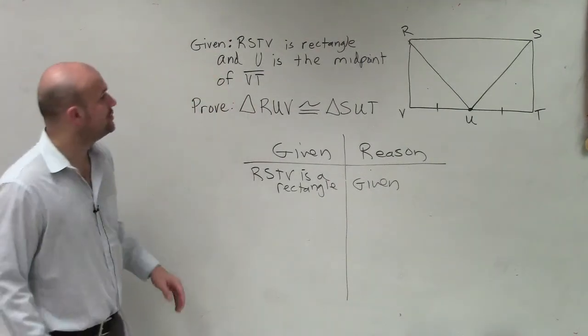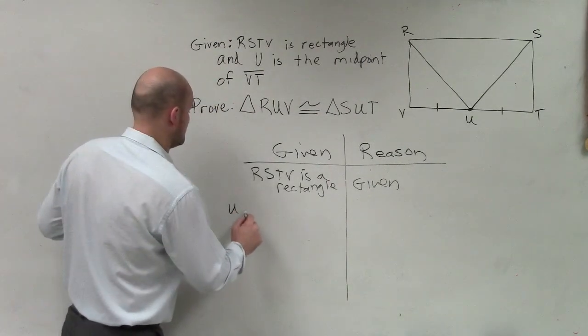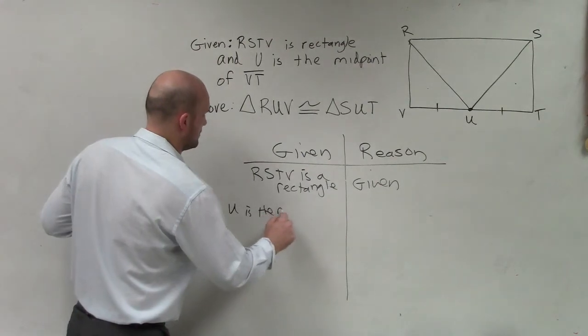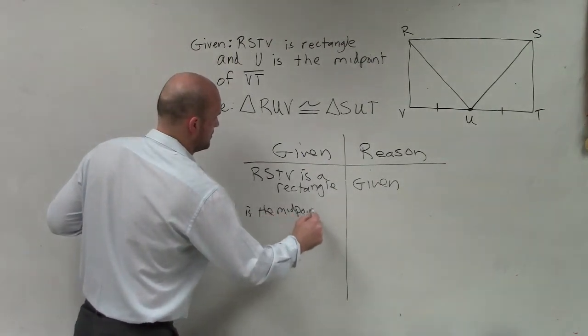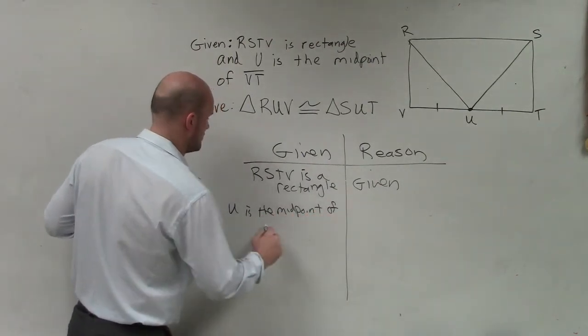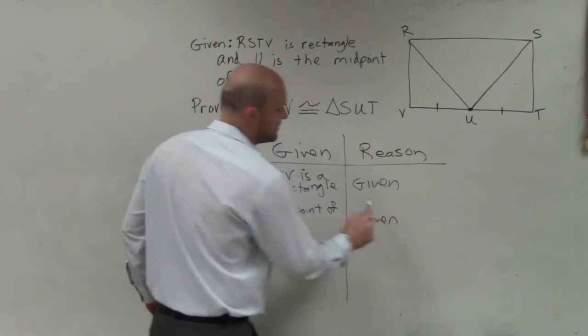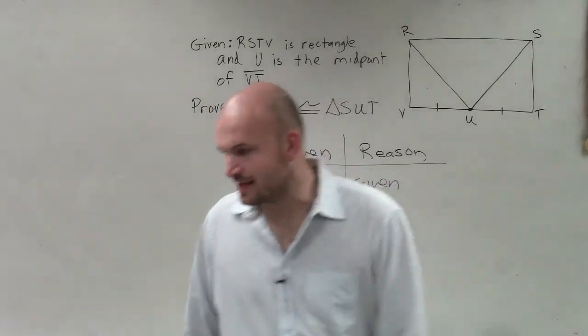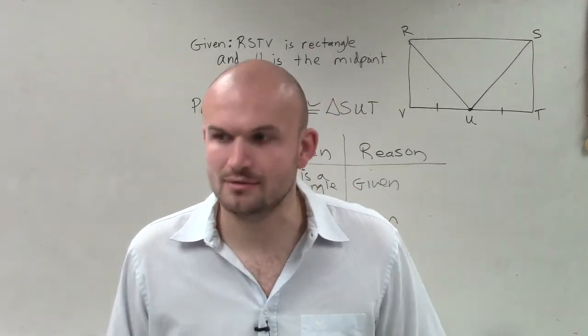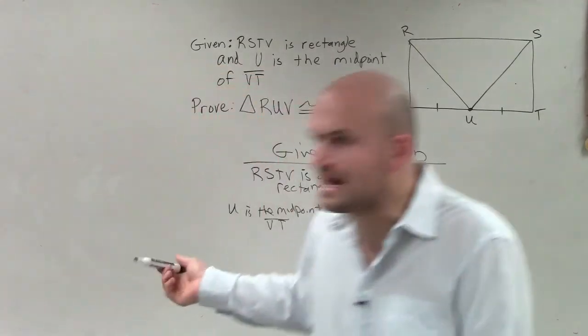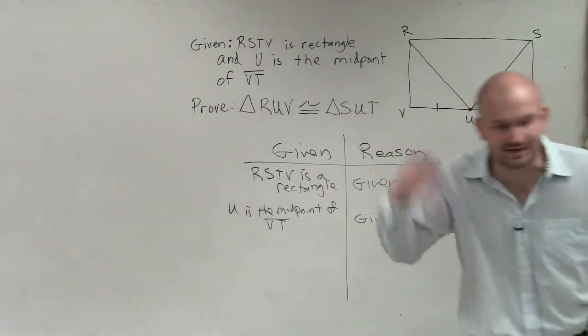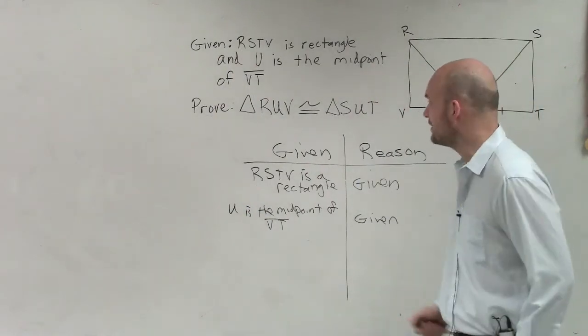We also know that U is the midpoint of VT. And why do we know that? Because that's given. OK. So everybody in the class, when I walk around today, I at least expect you guys to have that much. Right? You're just writing down a two-column proof and writing down the givens. You don't even have to process any information yet.